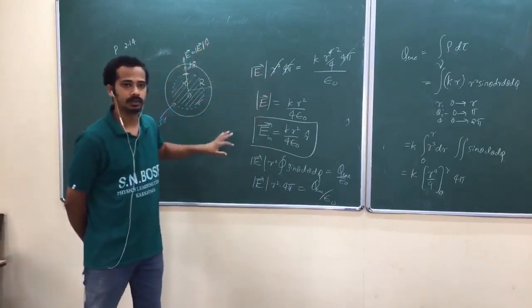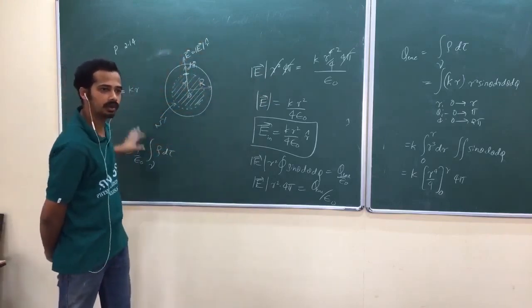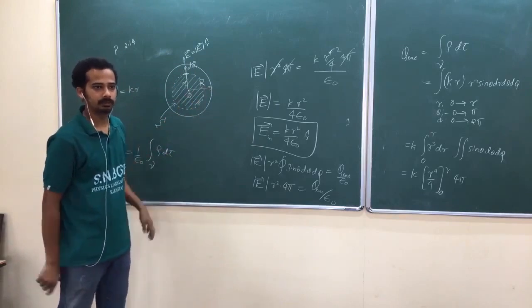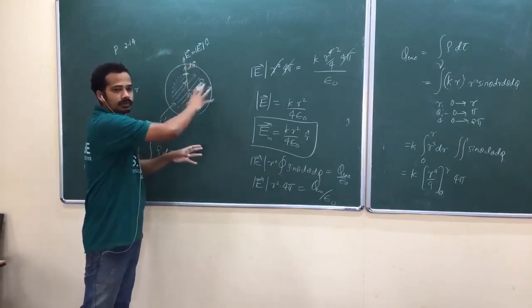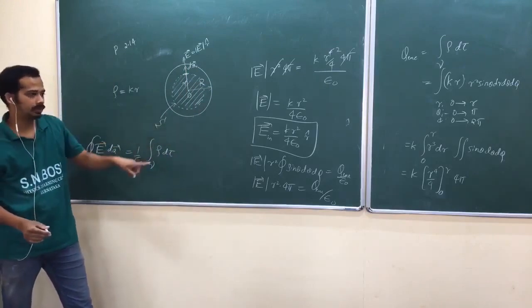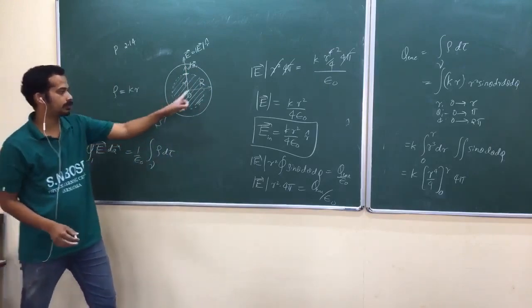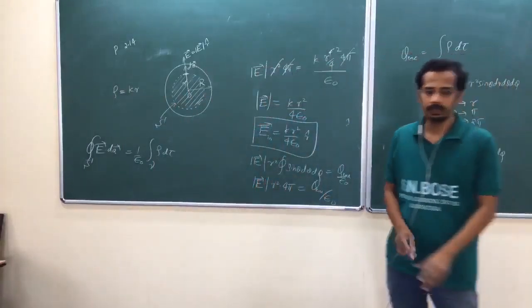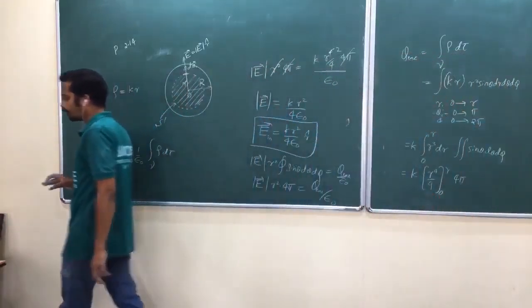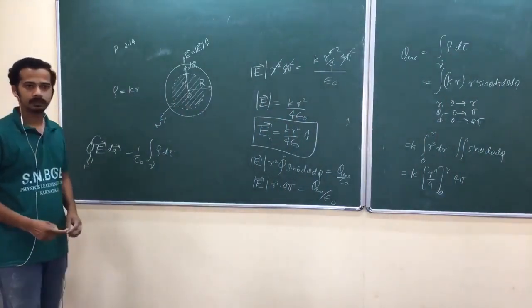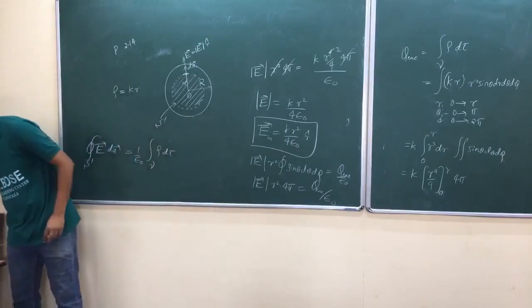While doing outside, you run your Gaussian surface bigger than this radius, but your charge extends only within this region. So run your radial distance from 0 to capital R, because outside that, charge just doesn't exist. So try to think geometrically. The whole thing can be imagined. Spherical symmetry problem.